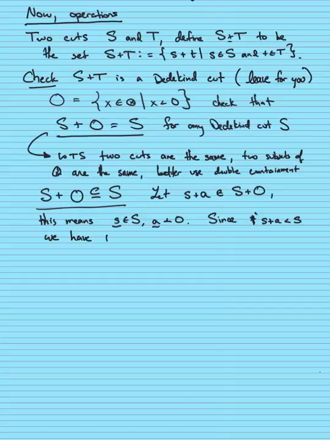we have that s plus a is in S by property 2 of being a cut. Since s is in S, any rational number less than s is also an element of S. So s plus a has to be in there as well.